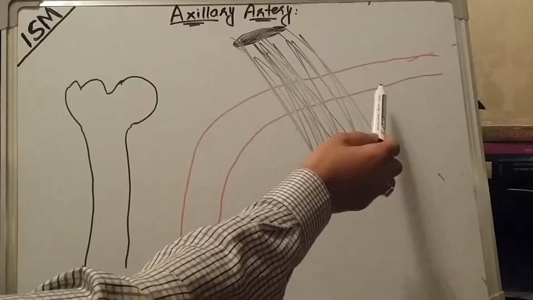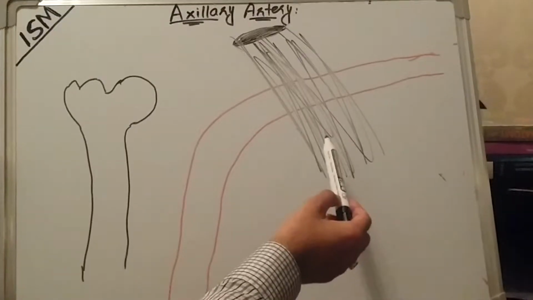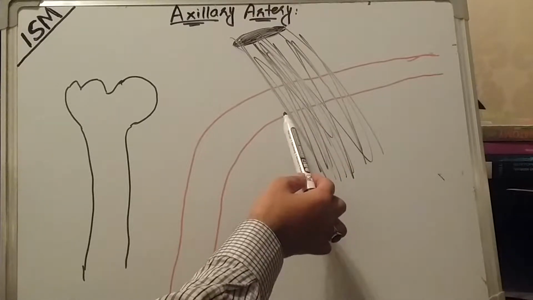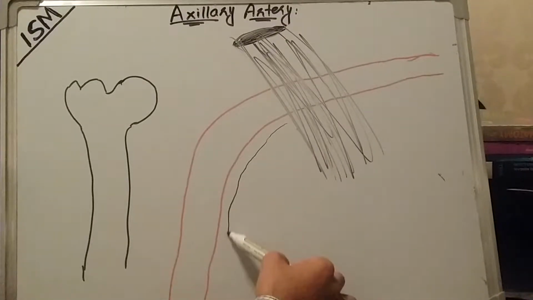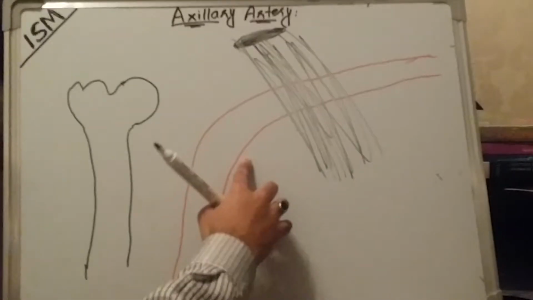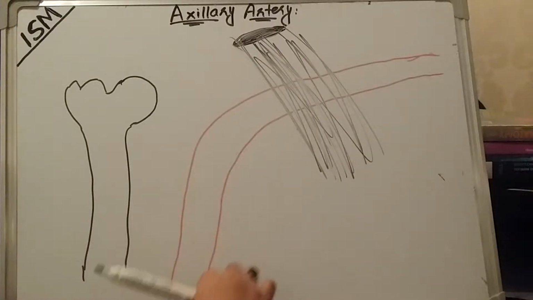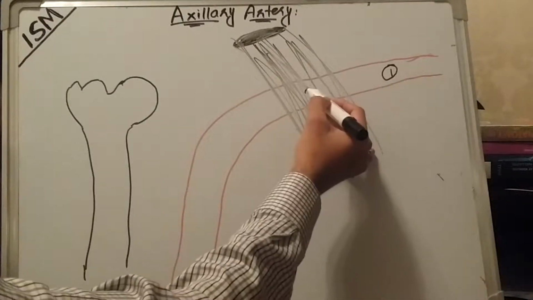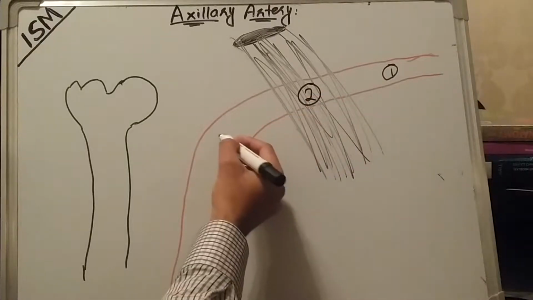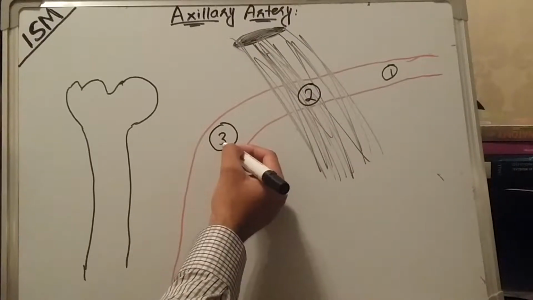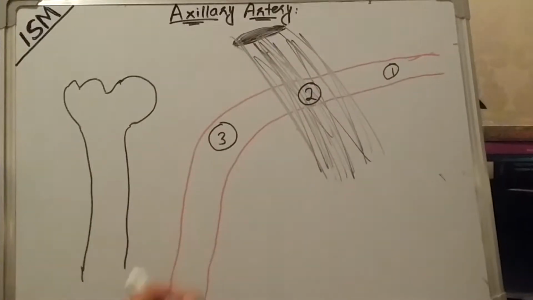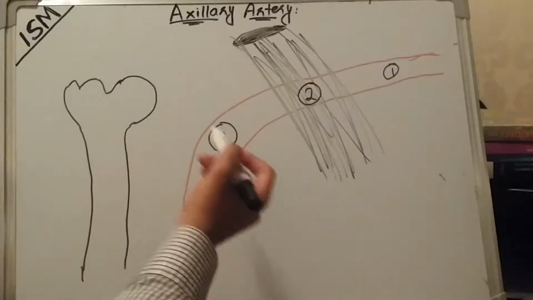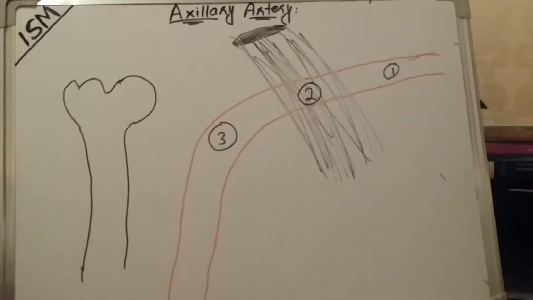The first is before the pectoralis minor muscle, the second is behind the pectoralis minor muscle, and the third portion is after the pectoralis minor muscle. According to their positions, the axillary artery gives rise to different branches. This is the first portion, this will be the second portion, and this will be the third portion. The first portion gives rise to 3 branches, the second portion gives rise to 2 branches, and the third gives rise to 3 branches.